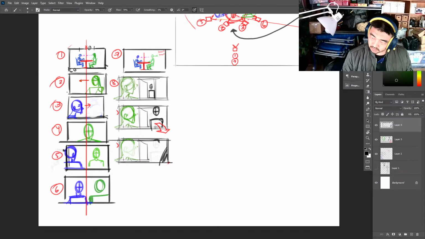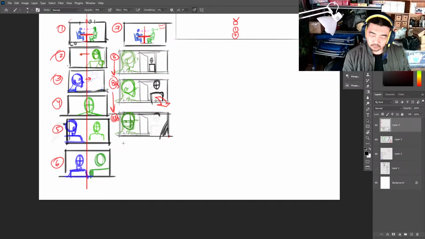Let's say the exit right here. Keep making that head turn like that. So 8, 8A, 8B. And then from here, now you could cut to the other side if you wanted.